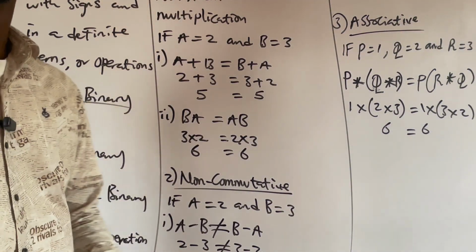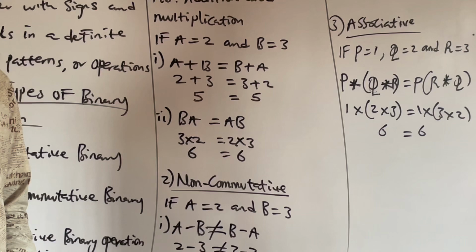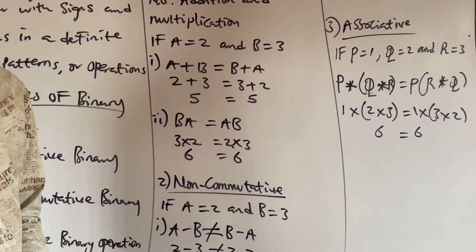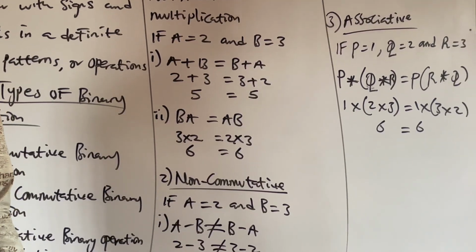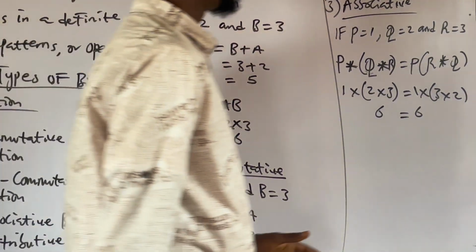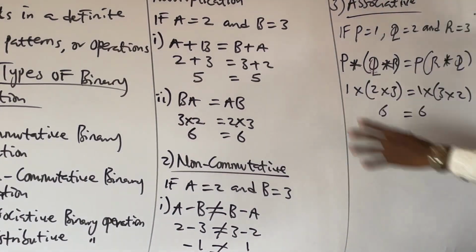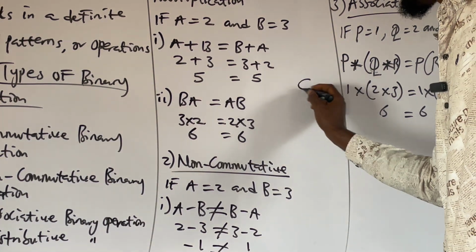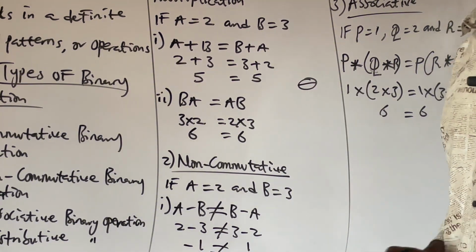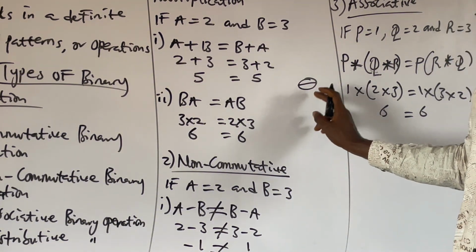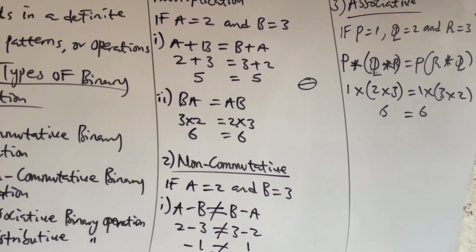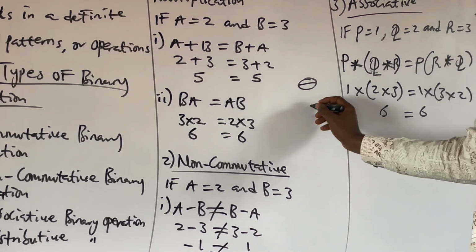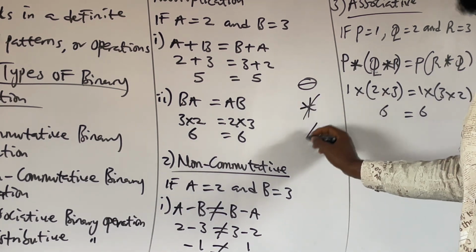A question: why is it that asterisk is used in place of the multiplication sign in binary operation? Because binary operation has its own principles and rules. It has signs, and each sign represents something. For instance, we will use this as plus, and we have signs like this.